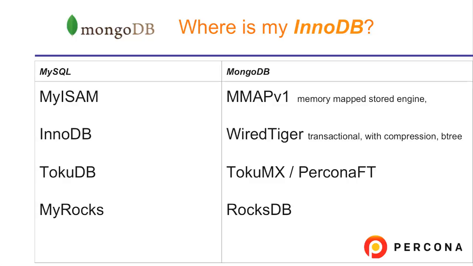The memory mapped storage engine is like MyISAM. It's actually worse than MyISAM. Because what it does is it uses memory mapping. So it loads all the data and offloads its work to the file system. The file system now manages it.